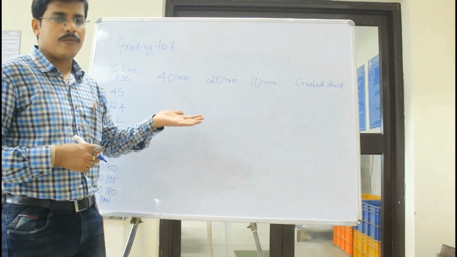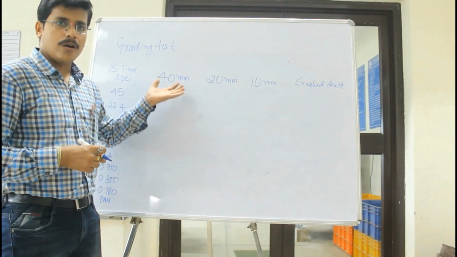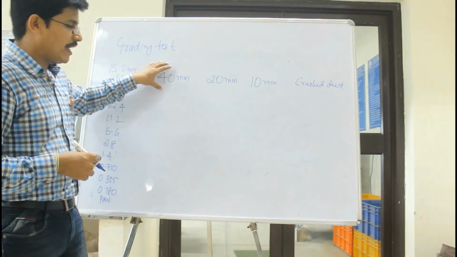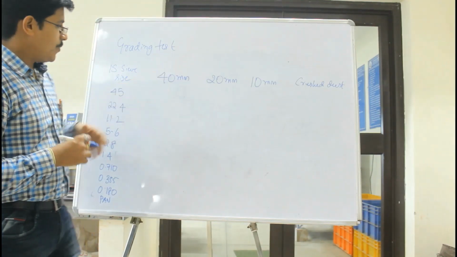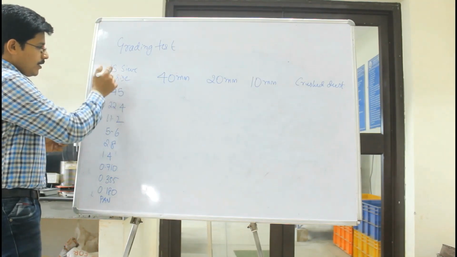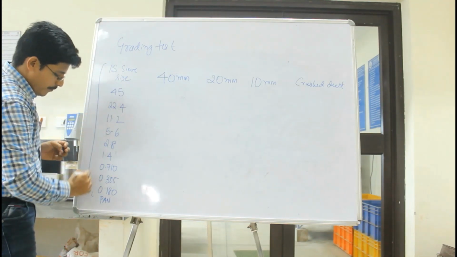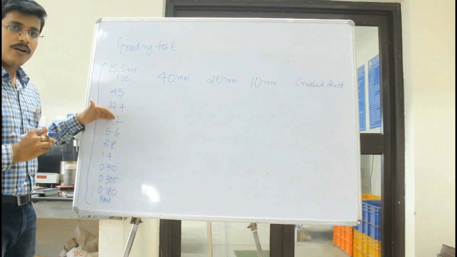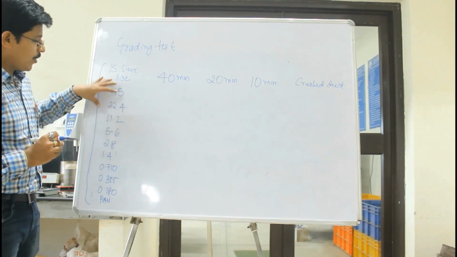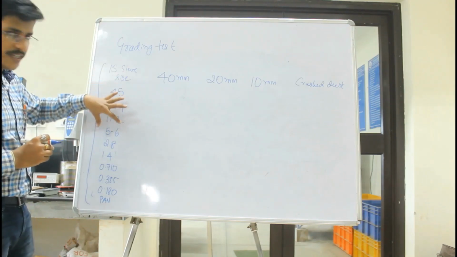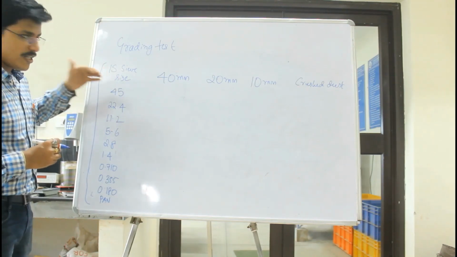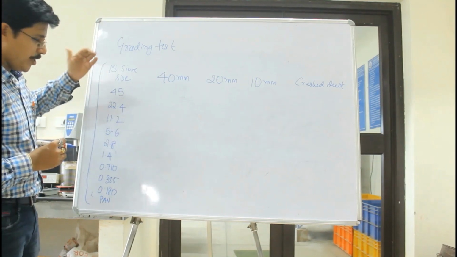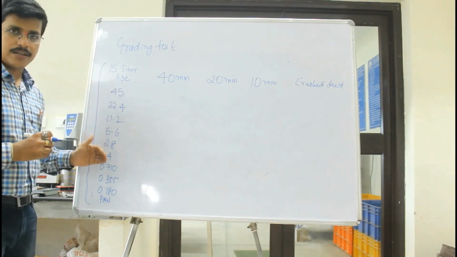Let's say for bituminous concrete, we don't need 40 mm, but for pavement quality concrete, we will need 40 mm down size aggregate. So this is a set of sieves for a given layer. The number of sieves in the set may differ from mix to mix. For bituminous concrete, dense bituminous macadam, or PQC, it can have a different sieve set.